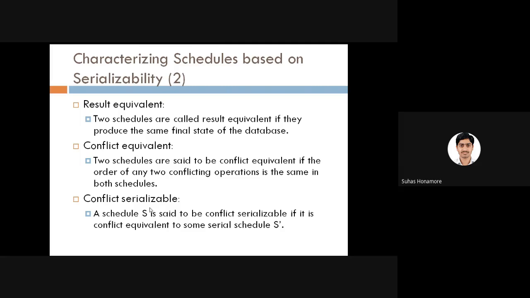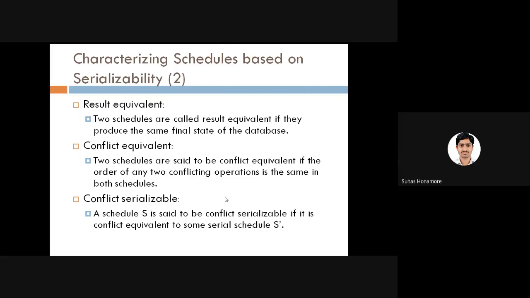For that, we write a serial schedule S dash. Whenever you write a serial schedule, if any conflicts are there, those conflicts are also equivalent to the S schedule. Then we call that schedule conflict serializable. Certainly you will have conflicts in it, and those conflicts you have to check against a serial schedule of the same transactions.